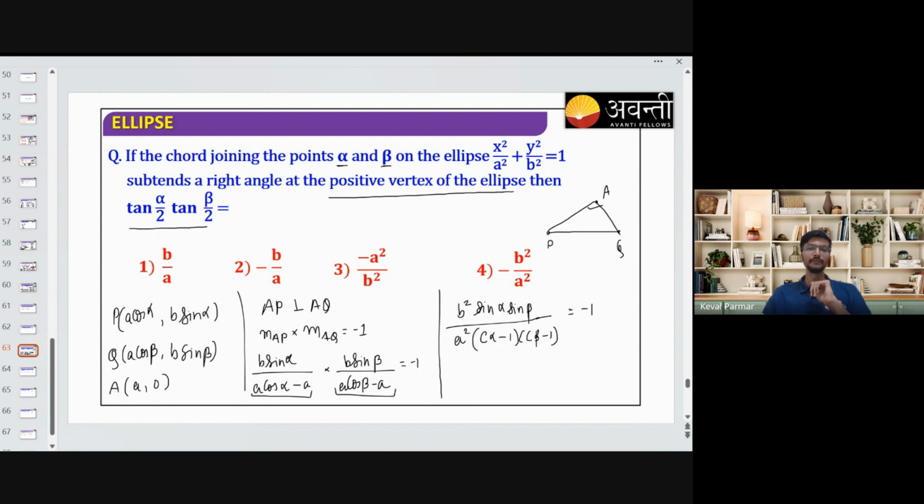How do we get it? It is very simple. We should know simple trigonometry.